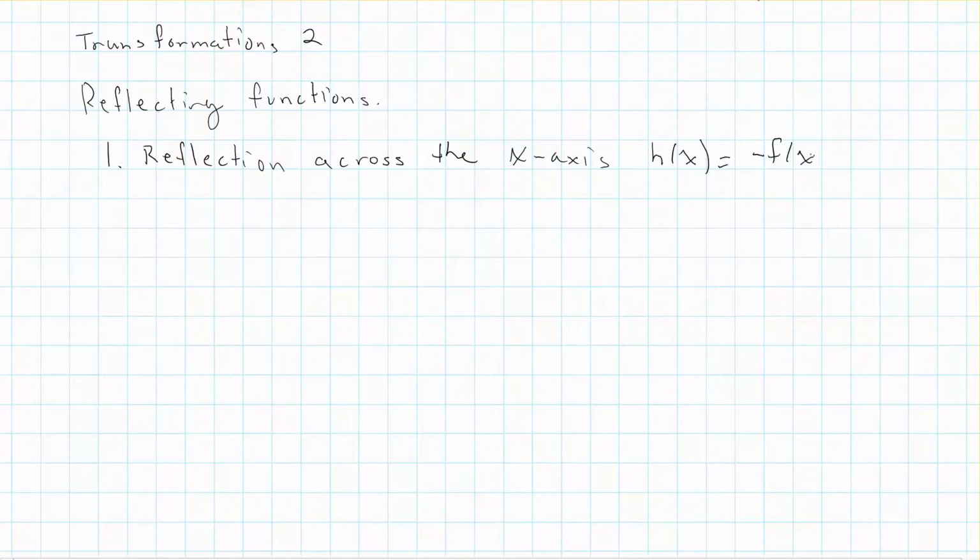The first reflection we can do is a reflection across the x-axis, which is h at x equals negative f at x.